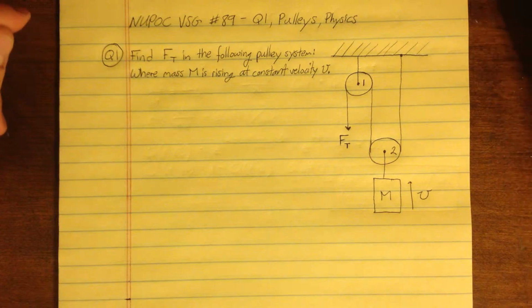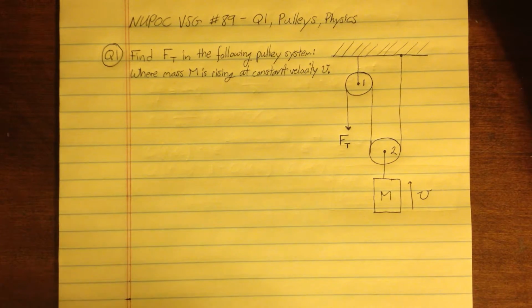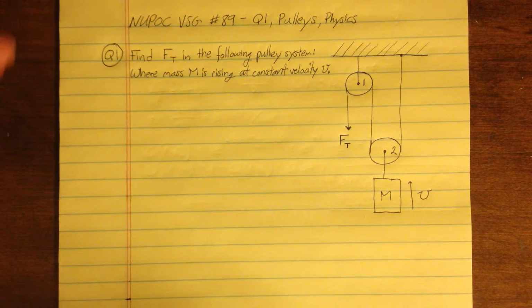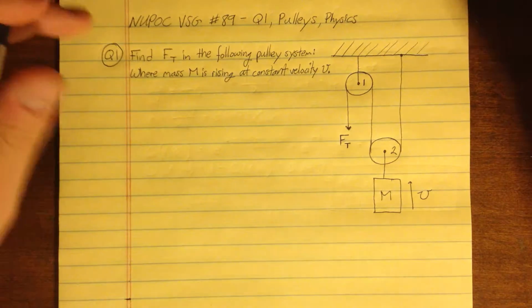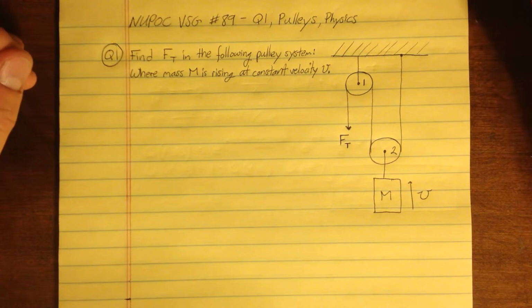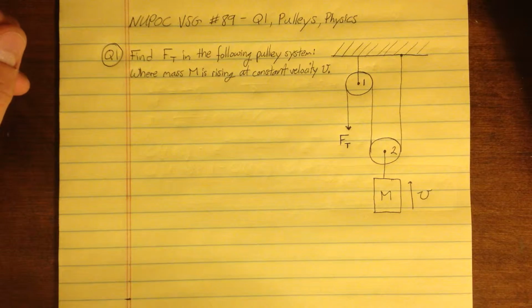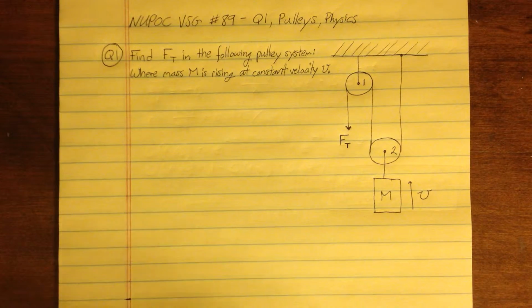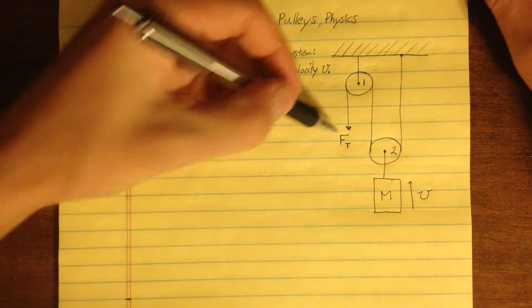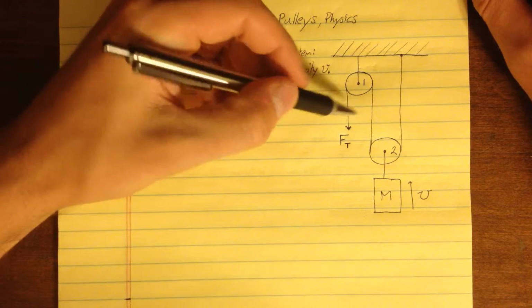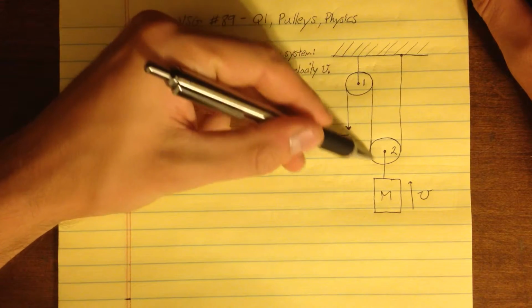The first thing to remember with pulley problems is that we assume that the rope, or the line, is inextensible, so it doesn't stretch, and it's massless, and we also assume the pulleys themselves are massless and frictionless. We also need to understand that the tension force, Ft, in this problem, is the same all along the rope.